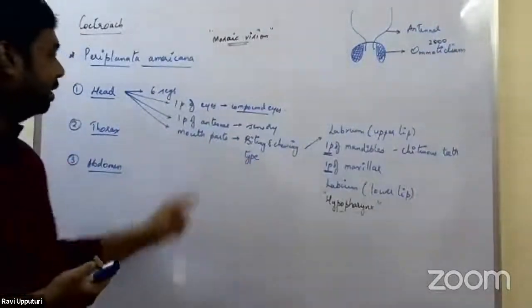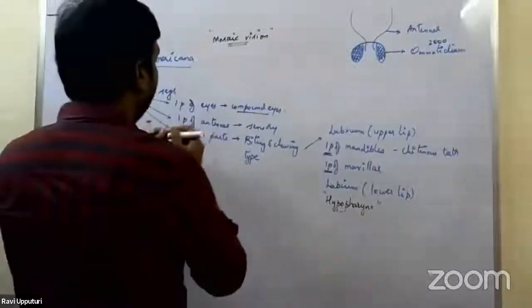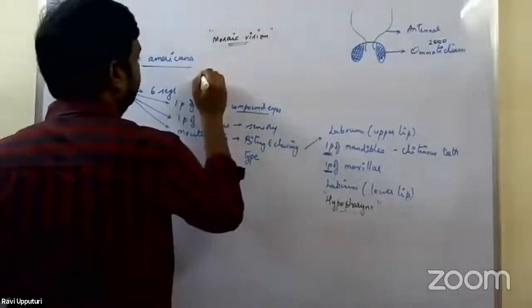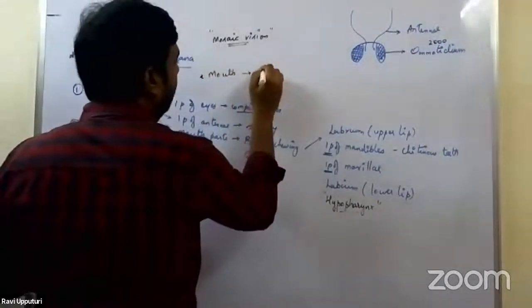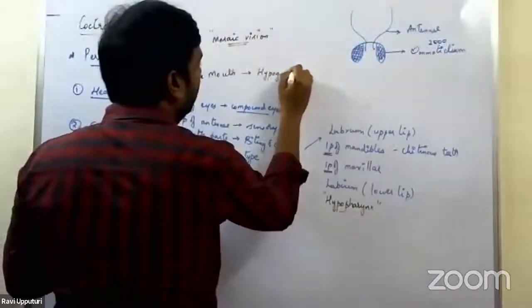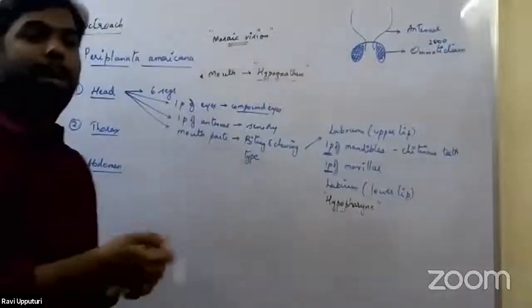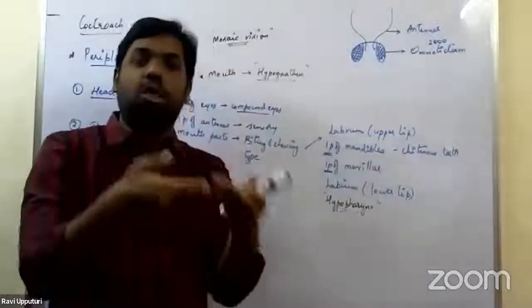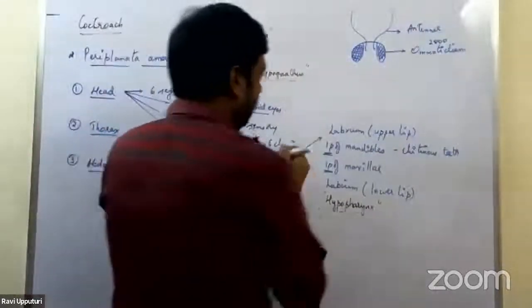One more important characteristic feature of this organism is that the mouth is said to be hypognathous. What does this mean? A hypognathous mouth is a mouth present towards the lower side of the head. Let me make it simple.